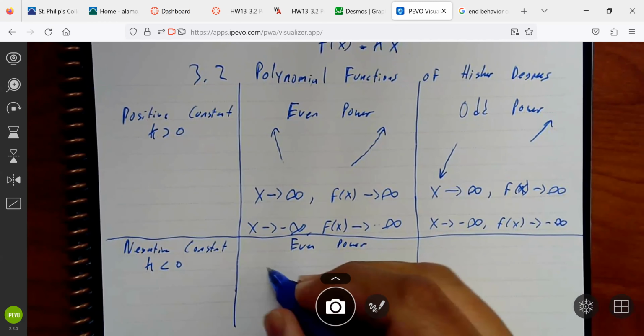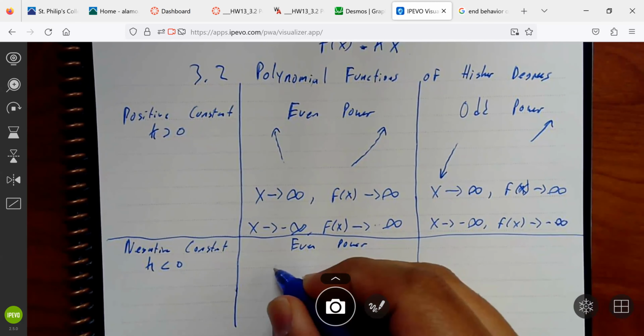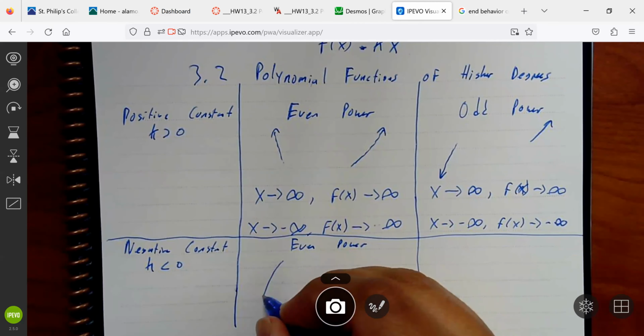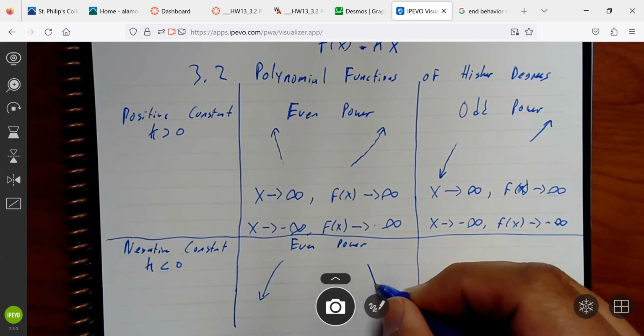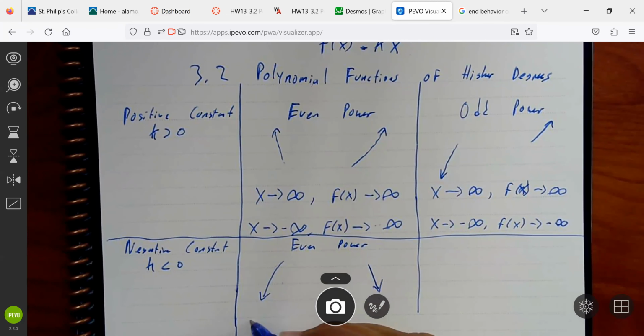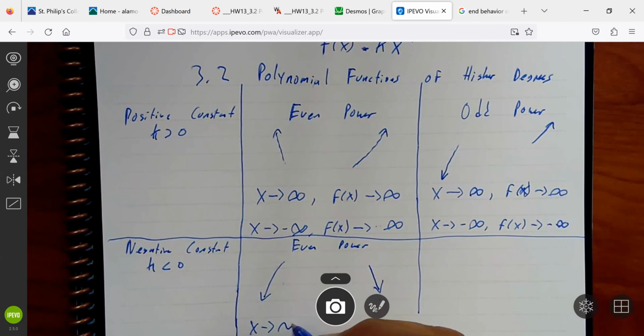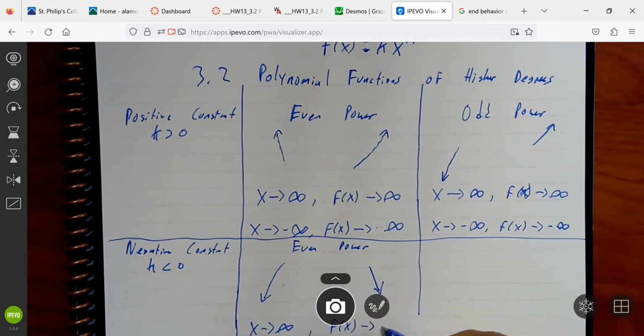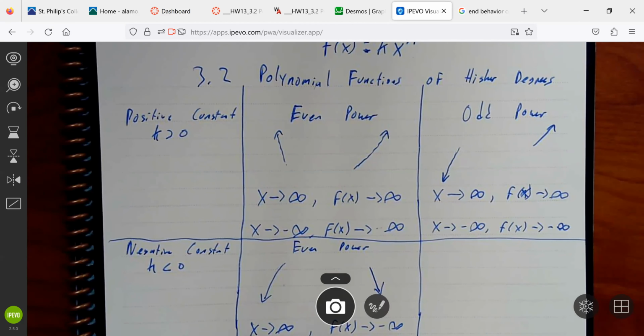Okay. So we have this shape. So if x is going to infinity, then the function goes to negative infinity.